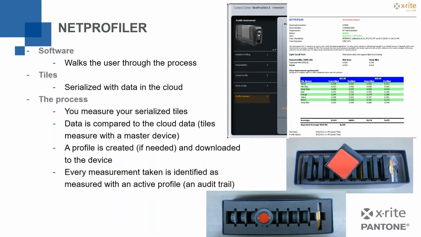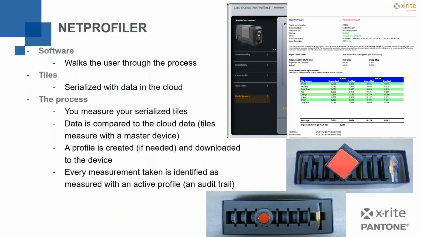Finally, okay, after the profile is downloaded to the device, so it's actually stored on the instrument, then every measurement taken is identified as measured with an active profile, giving us an audit trail. Okay, so in our software, for example, there's a little icon that says NP on it for NETPROFILER, right? It will identify every measurement as taken with that.